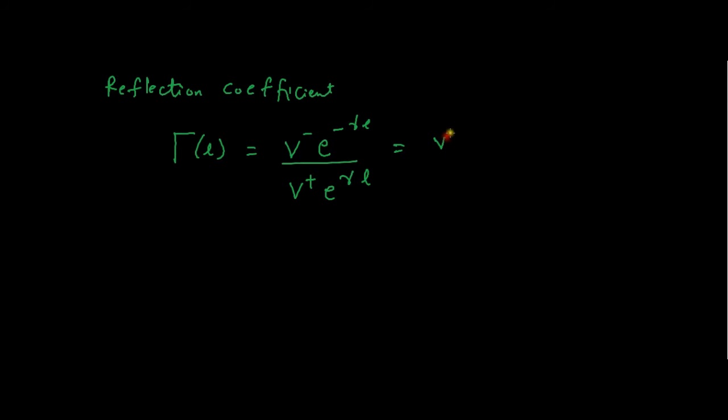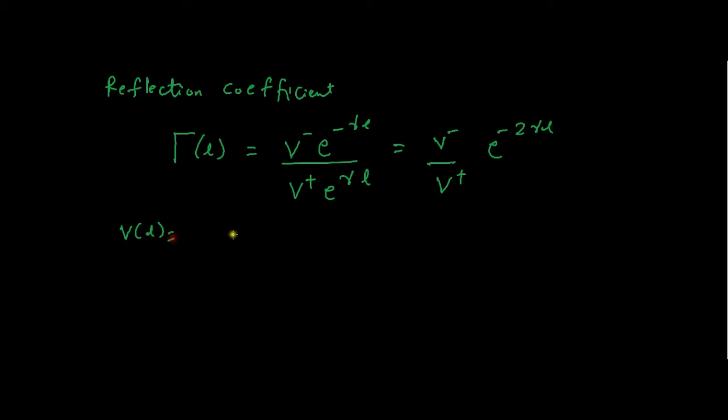So substituting this into the main equation, we can further write it as this, e raised to minus 2 gamma L. We can substitute this reflection coefficient into the two transmission line equations, and then we get the equations as follows.